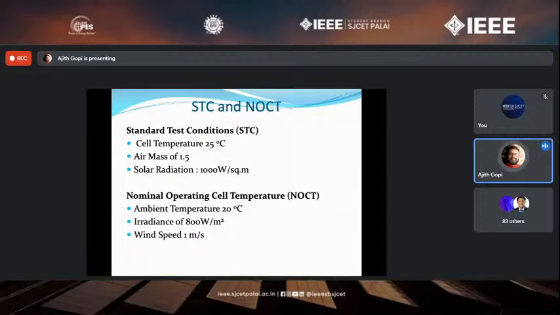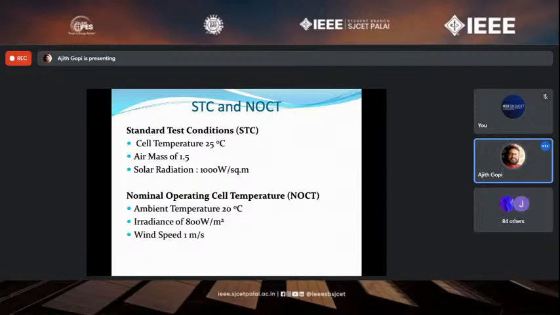So it's taken as 1.5, a typical atmospheric condition for rating your PV module, right? And 1,000 watt per meter square is actually the solar radiation at the sea level. What is the solar constant? Solar constant is 1,367 watt per meter square.